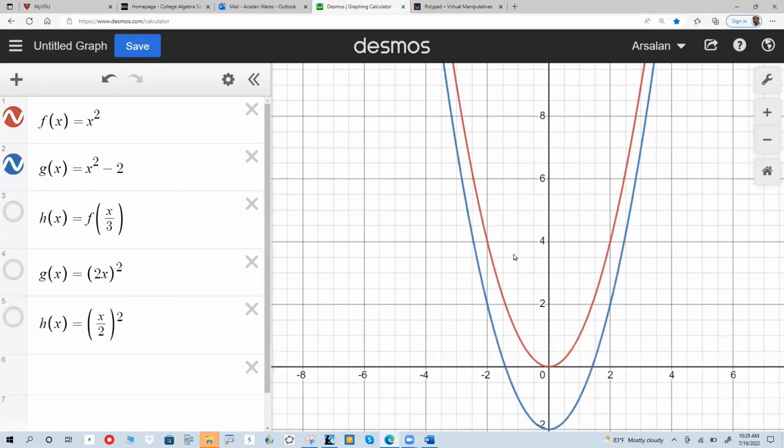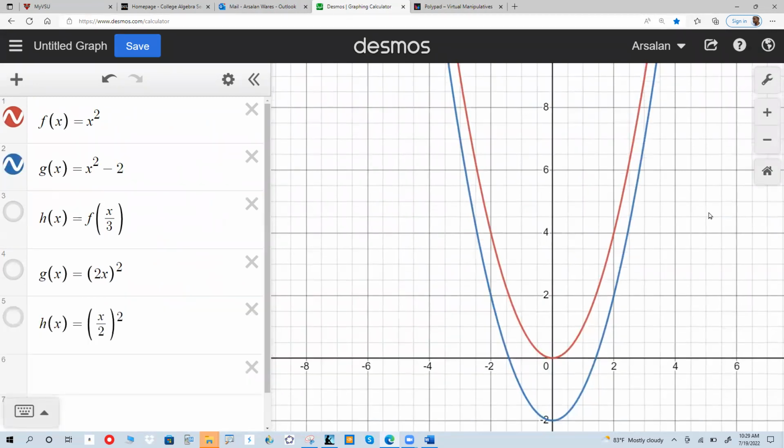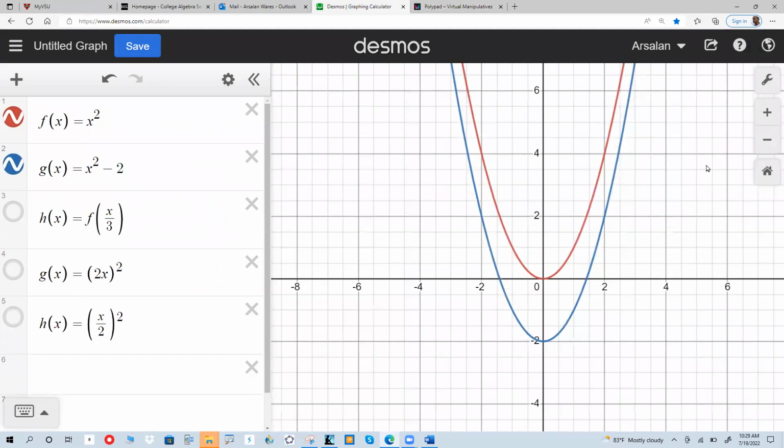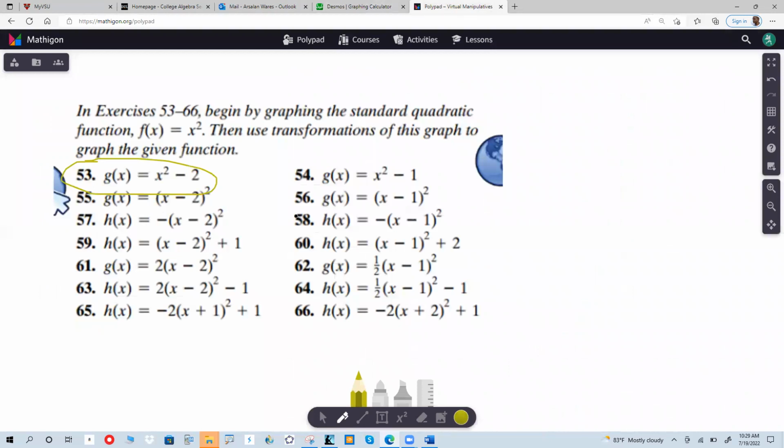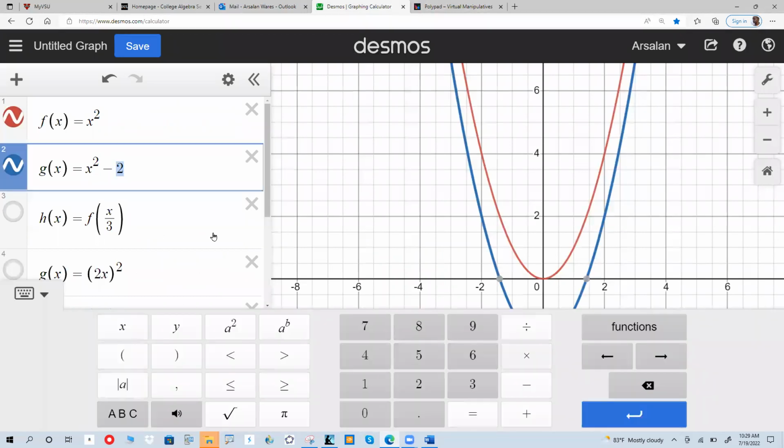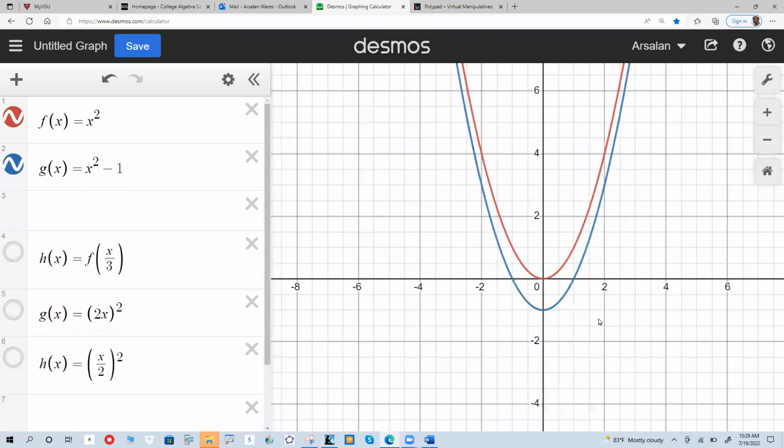We know this is going to push the curve 2 units down. It's called a vertical shift, 2 units down. Here it is. This one will be a vertical shift 1 unit down. Very easy to do. Take a look, it's only 1 unit down.